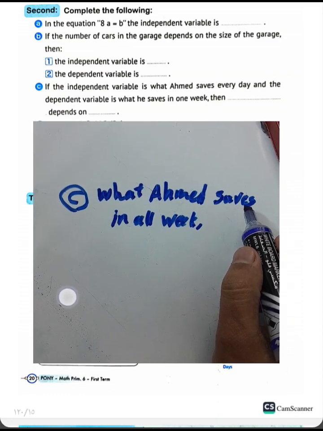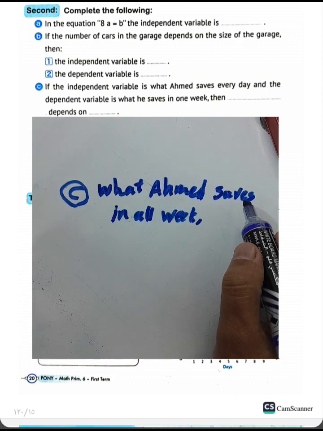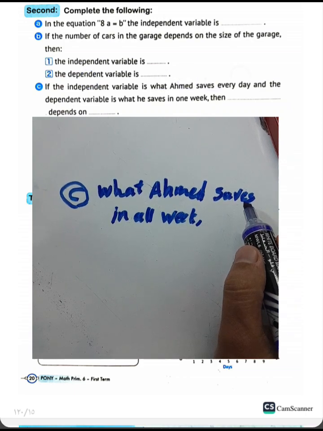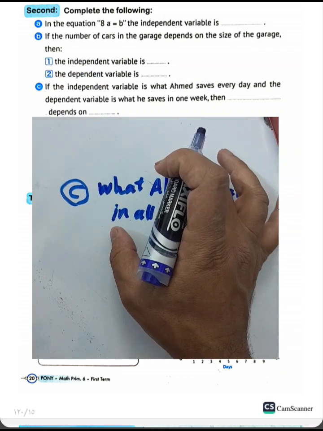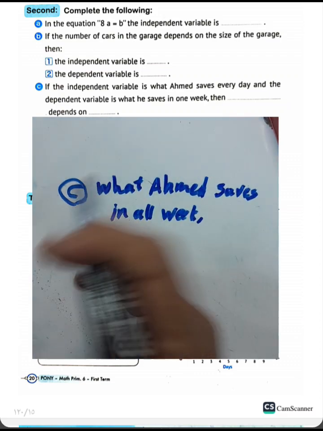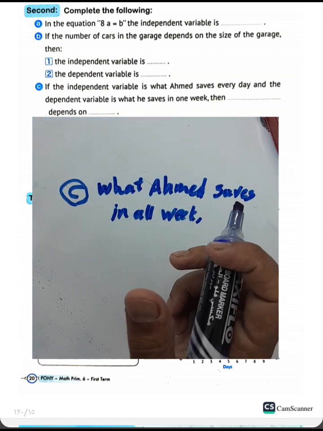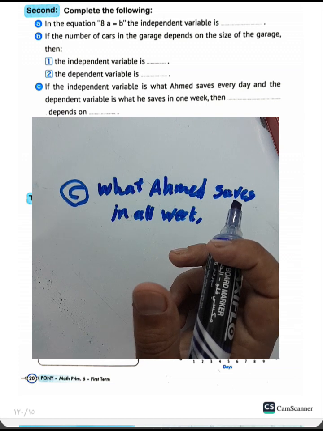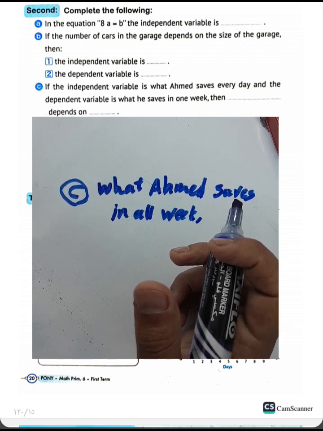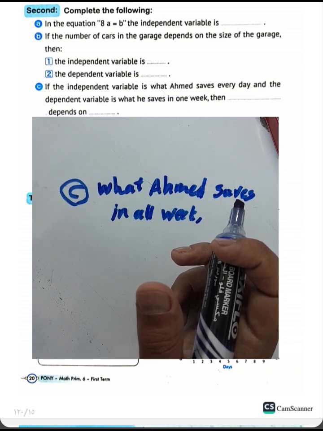Letter C. Again, if the independent variable, look at this word, is what Ahmed saves every day, then depends on means the next here will be what he saves in 1 week.